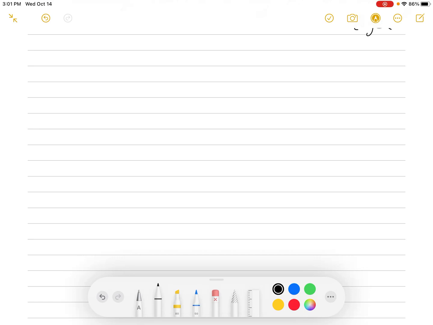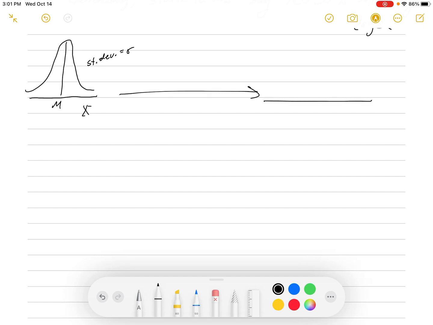So if you remember back when we had a normal distribution and we had a random variable x, right? With a mean of mu and a standard deviation of sigma, we can convert this over to a z distribution, a standard normal distribution.